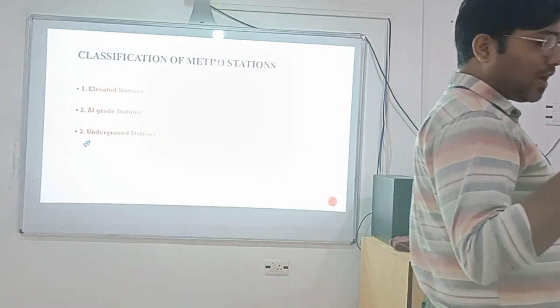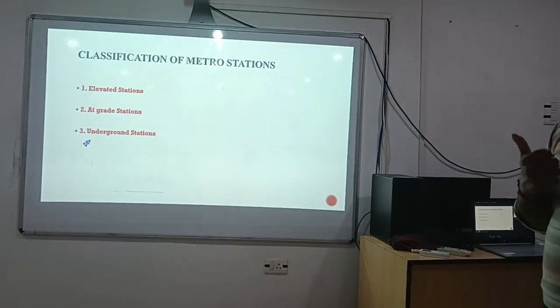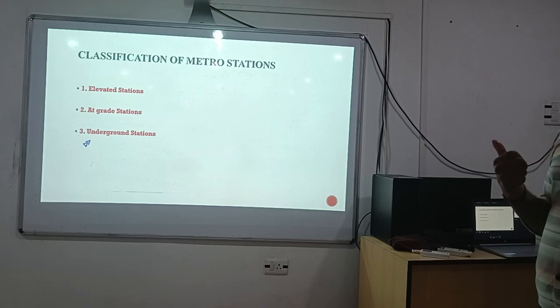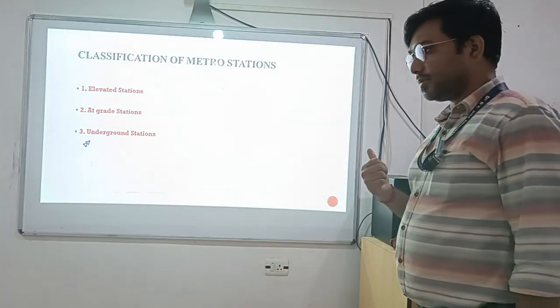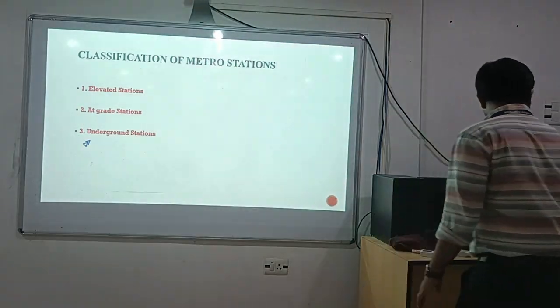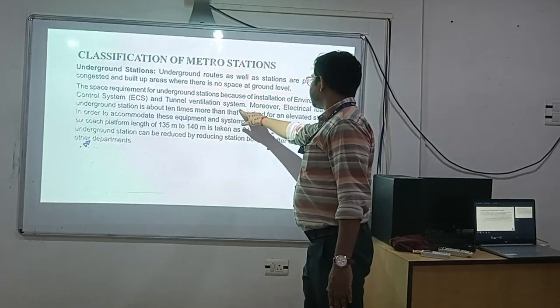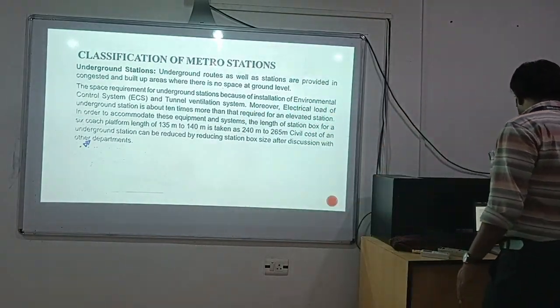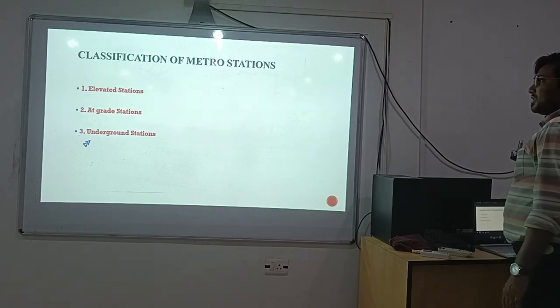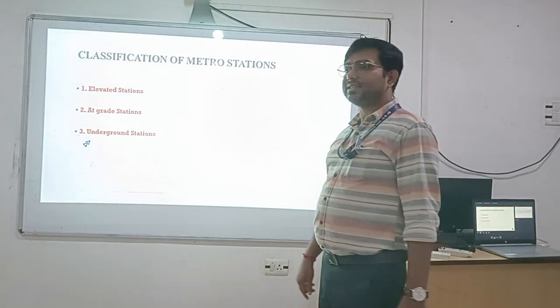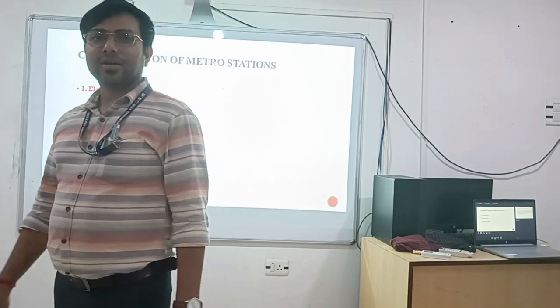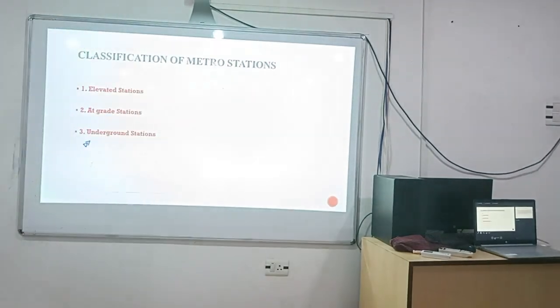As we have already discussed, special essential features like the tunnel ventilation system, EVS, and the environmental control system, ECS, should be installed in an underground metro system.